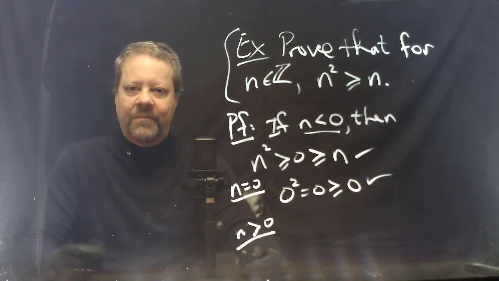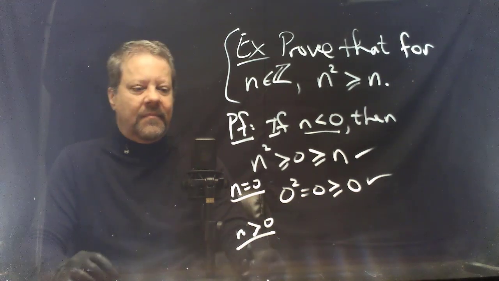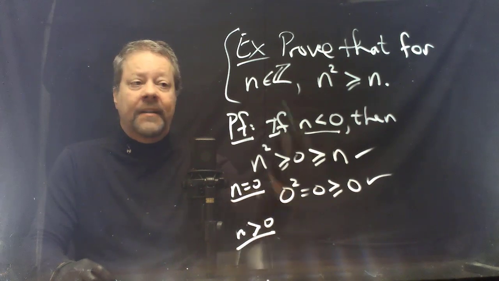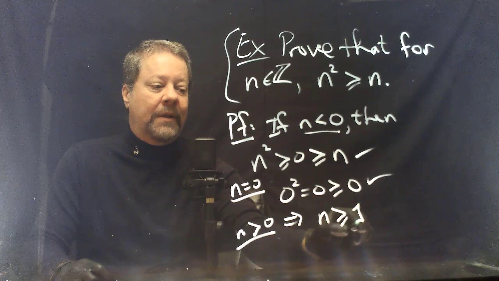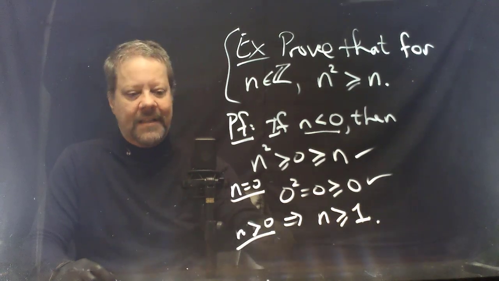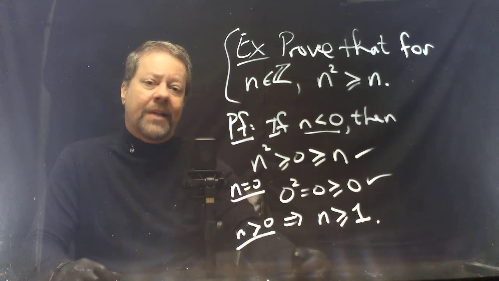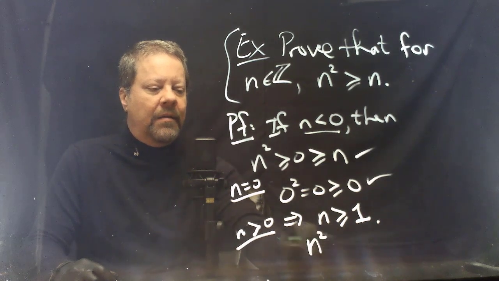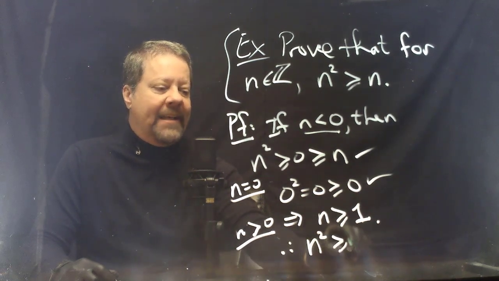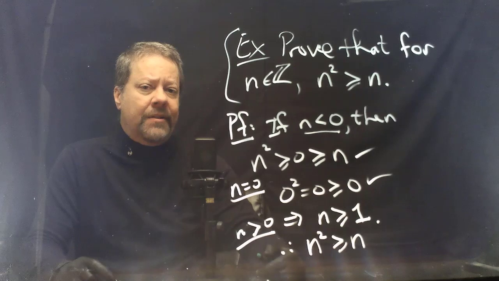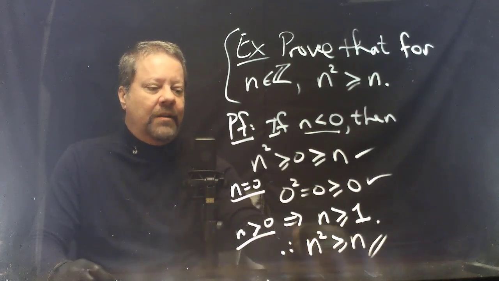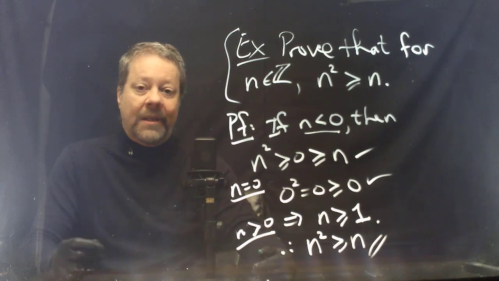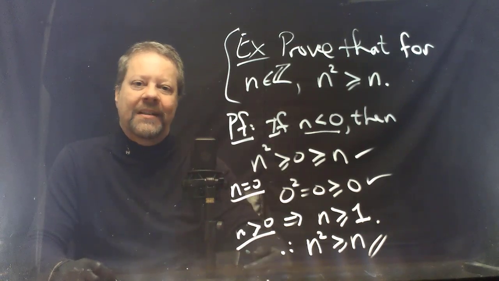How about n positive? That's where the work really occurs. If n is positive, and if n is an integer, then n is bigger than or equal to 1. And since n is positive, you can multiply both sides of this inequality by n, and it maintains the direction of the inequality because n is positive, and that gives you our conclusion that n squared is greater than or equal to n, provided n, of course, is an integer.